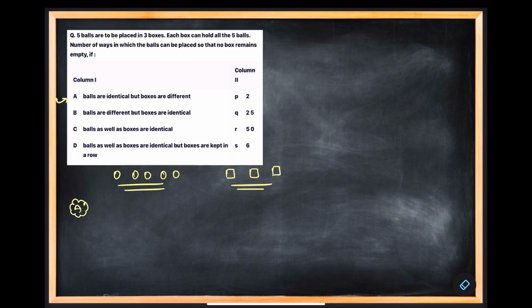Treat these boxes as persons. Then you will be asking for sticks. 1 2 3 4 5. How many sticks do we need? We need one less than the number of persons. So we assume these boxes are persons, so it is 3, and we need 2 sticks.